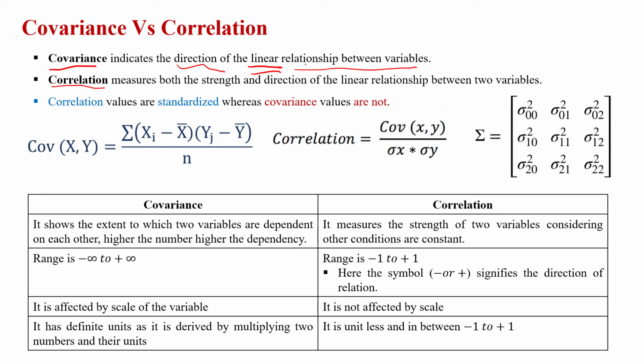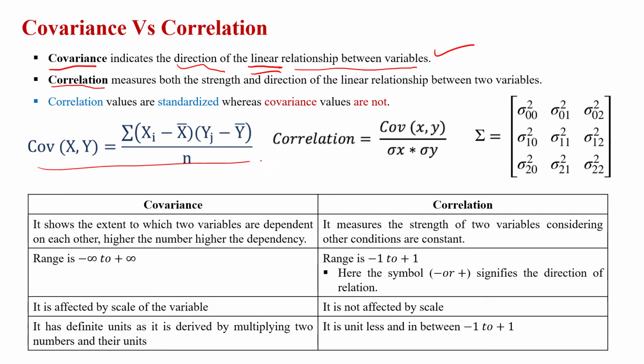That is, by increasing one variable, what's the effect on the other variable, whether it is also increasing or decreasing. So how can we compute the covariance between two variables?